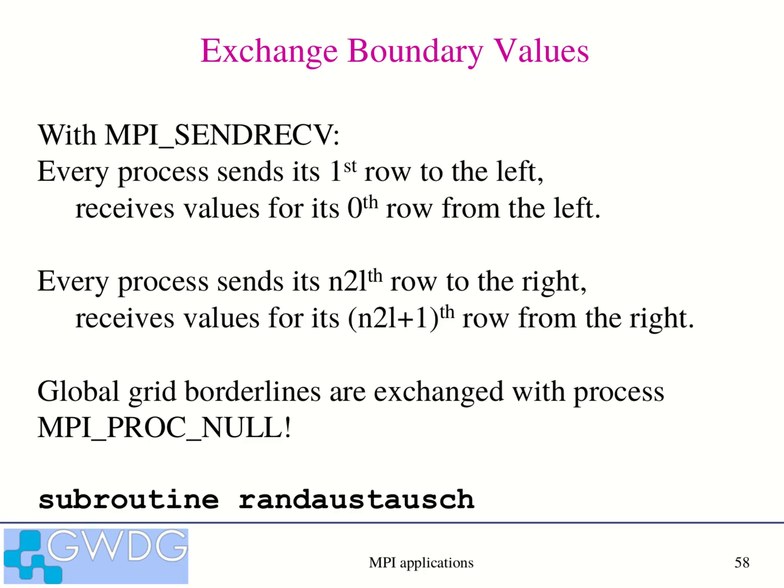Now, how this boundary exchange is done. So every process sends its first row left and receives in its 0th row from the left. And the local domain starts with row 0 and it ends with row n local plus 1, which are the boundary rows.